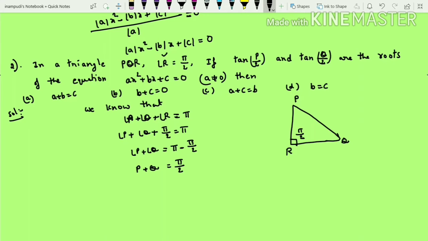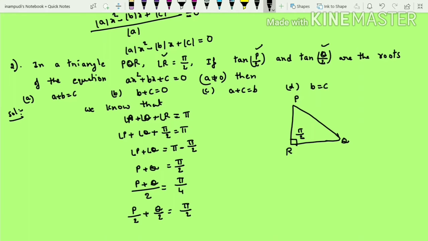Here we notice that we need angles P by 2 and Q by 2. We divide by 2 on both sides. P plus Q by 2 equal to pi by 2 into 2, 4. Here it can be written as P by 2 plus Q by 2 is equal to pi by 4.